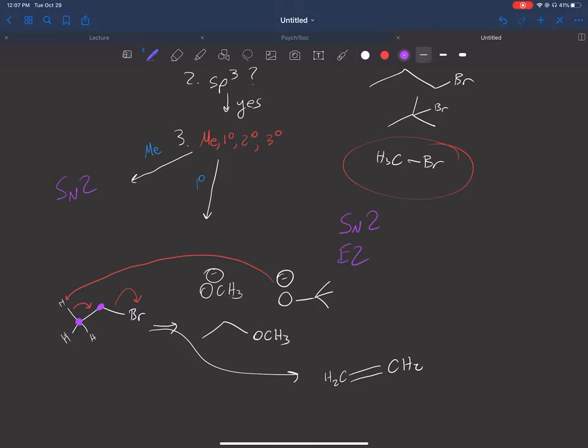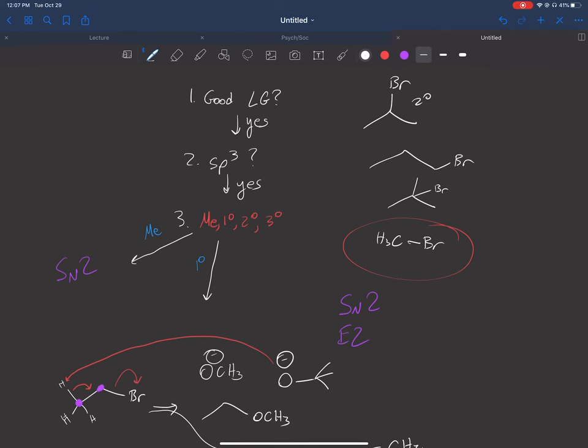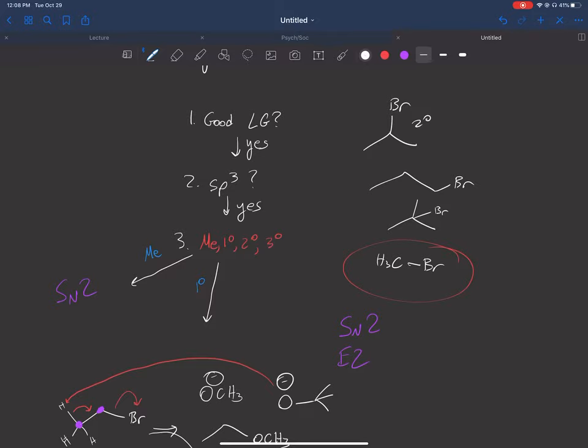All right? So we've pretty much said that for SN2, the limiting factor is if your nucleophile is sterically hindered itself. That means your nucleophile itself is bulky, or if your substrate itself is bulky. Okay? So let's summarize so far. Methyls are always SN2.